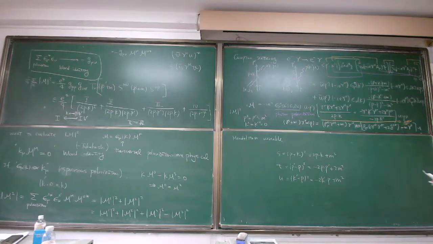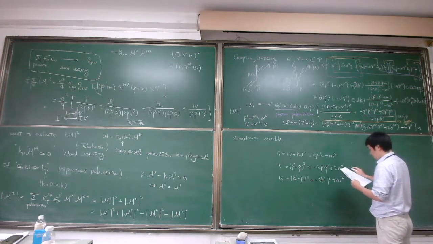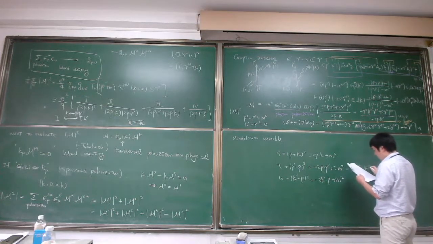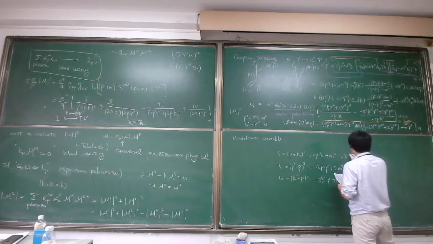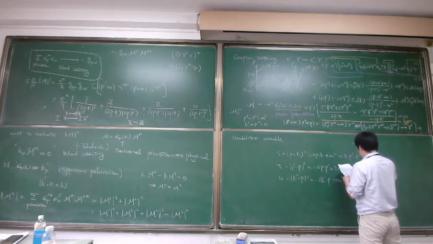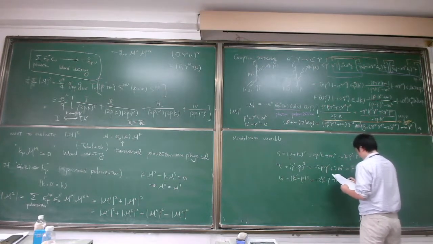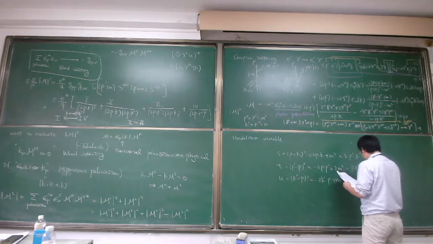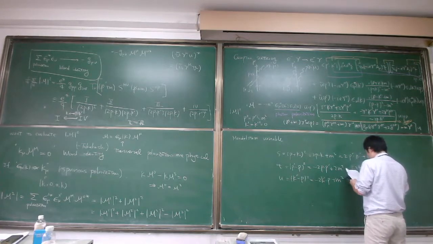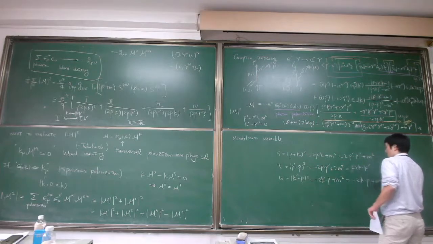And in fact, this is equal to a much simpler one, minus 2k dot k prime, 2p dot k prime, like this.